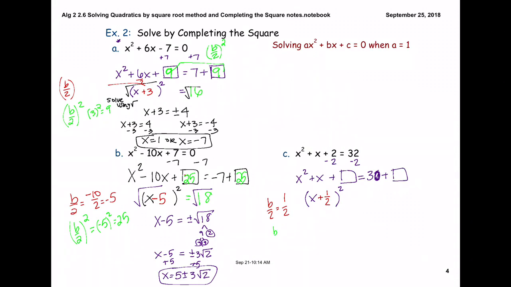Our b divided by 2 squared, 1/2 squared. Remember, when you multiply fractions, you multiply straight across, so it becomes 1/4. So when you add and subtract fractions, you have to have a common denominator. So 30 over 1. If we multiply both the numerator and the denominator by 4, we get 120 over 4. So when we combine those, 120 fourths plus one more fourth is 121 fourths.